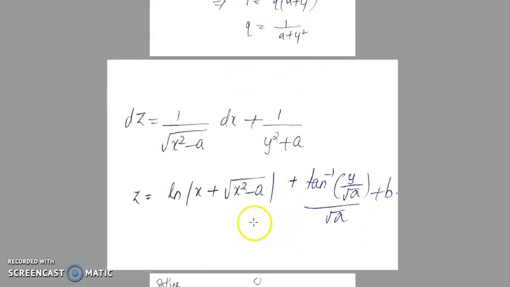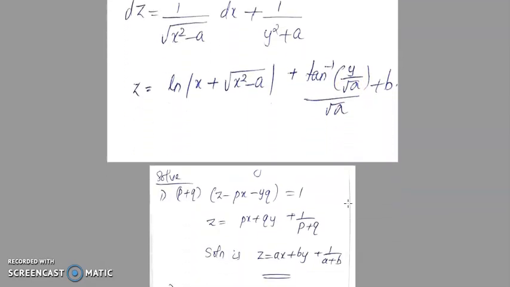So on integrating you will get z equal to log of x plus root of x square minus a square plus 1 by a tan inverse of y by a plus b. So that is the solution.